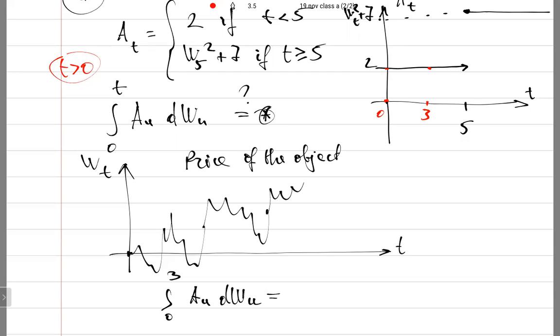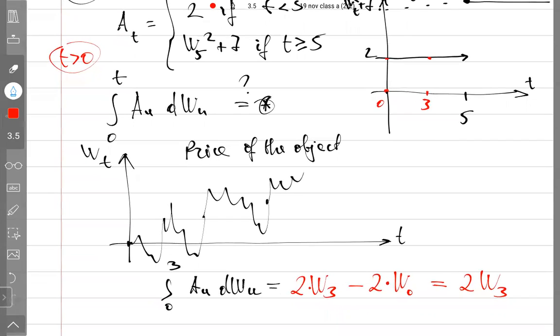Basically, my final welfare is 2 times W_3 because I have 2 cups, and each cup is worth W_3. And so I subtract my initial welfare, 2 times W_0, from the final welfare. But we know from the properties of the Wiener process that W_0 is 0. So it's just 2 times W_3.